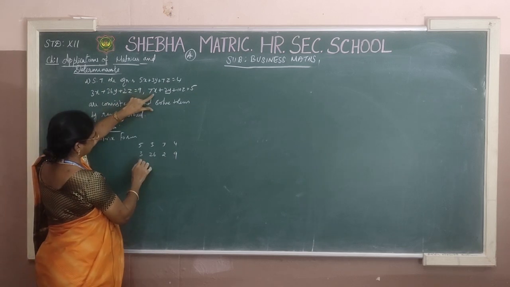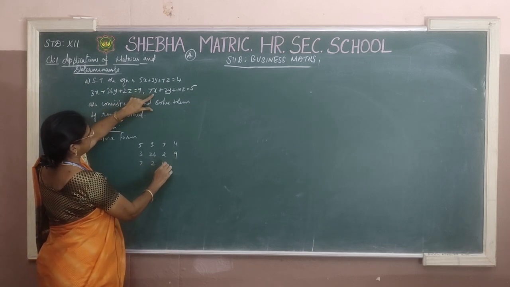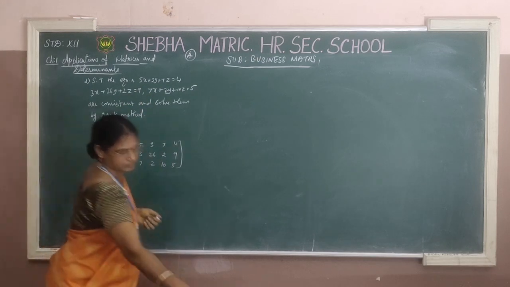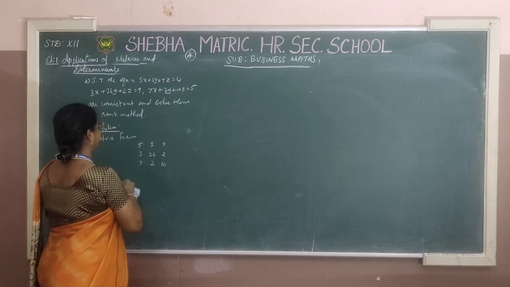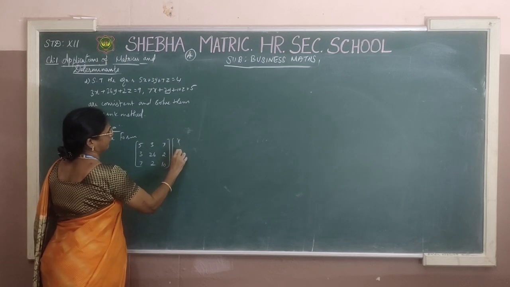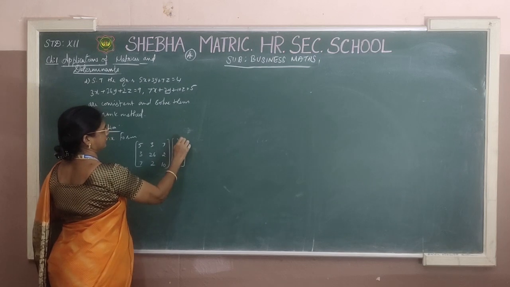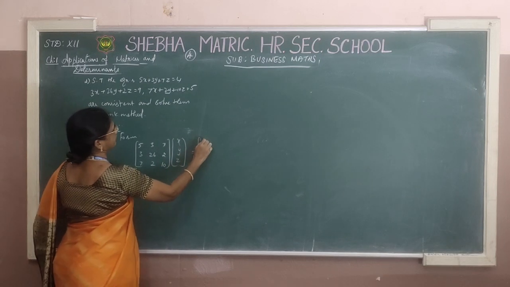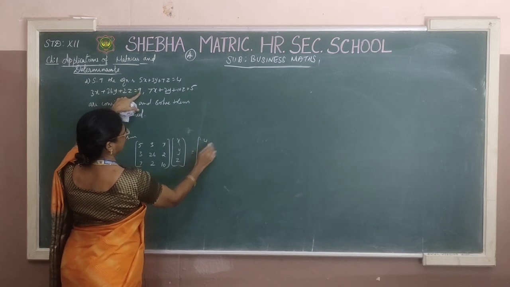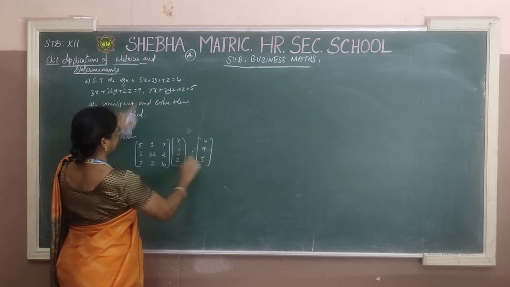From the third: 7, 2, 10, 5. In matrix form, first write the coefficient matrix, then the variable matrix equal to the answer column 4, 9 and 5. Okay.